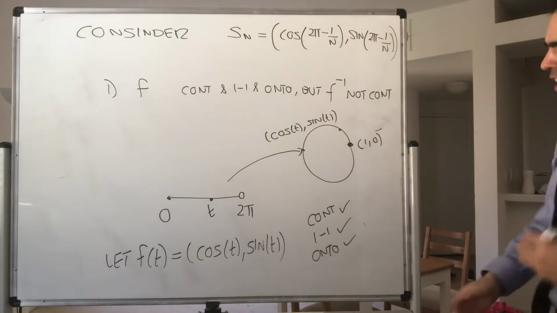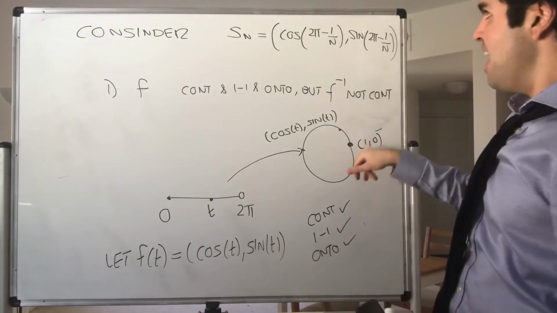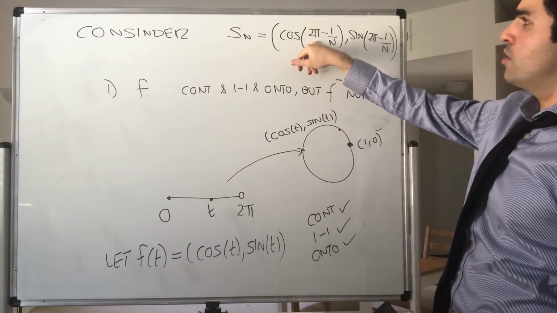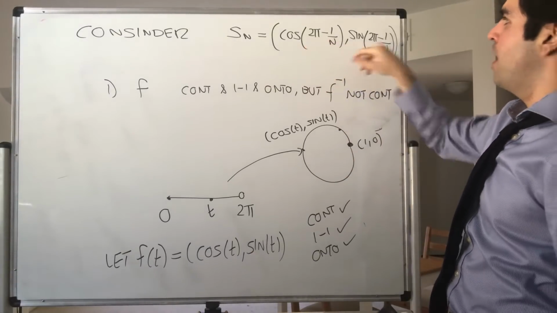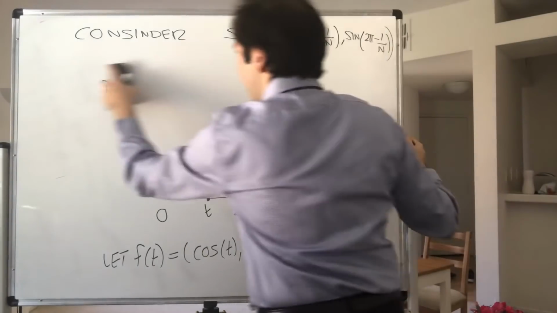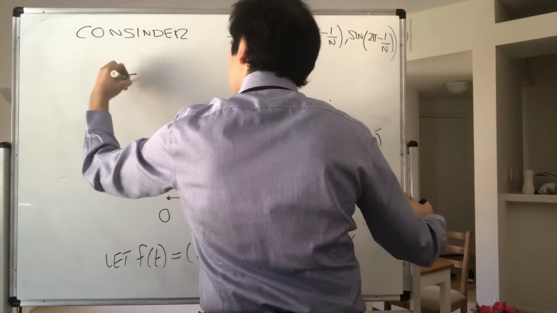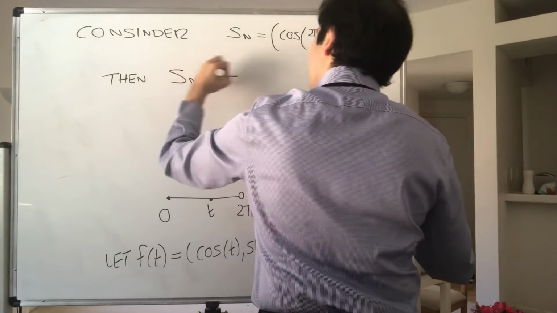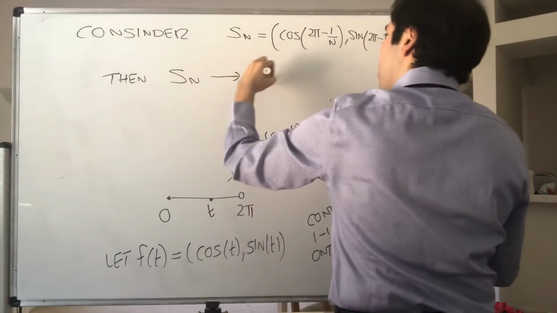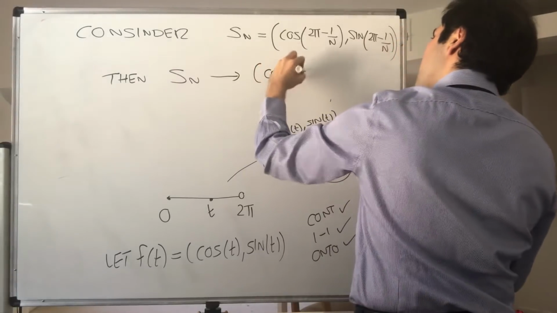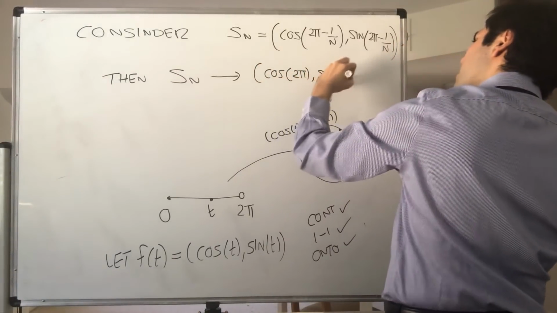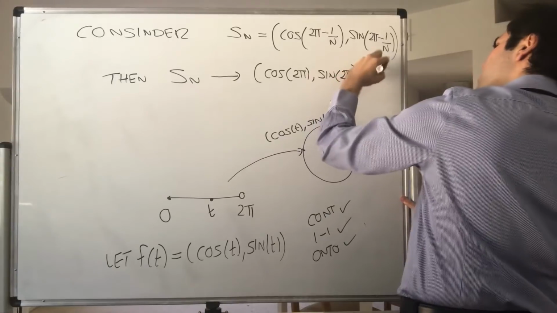Then on the one hand, Sn by definition converges to (cos 2π, sin 2π), which is (1, 0).